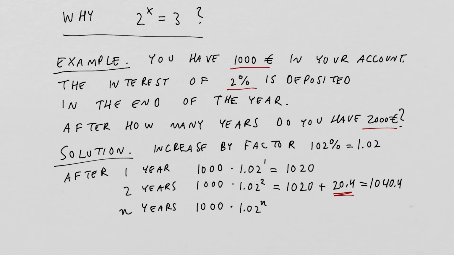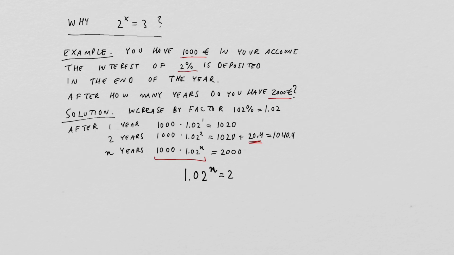After n years your investment is this much and we would want this amount to be 2000. So we would like to solve this equation.